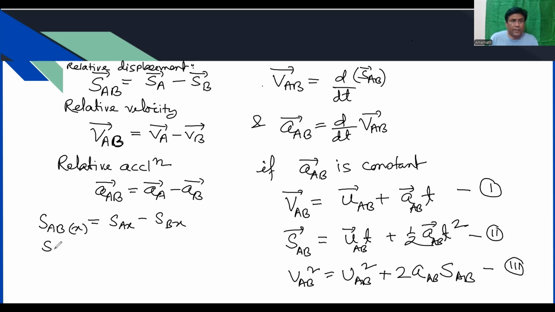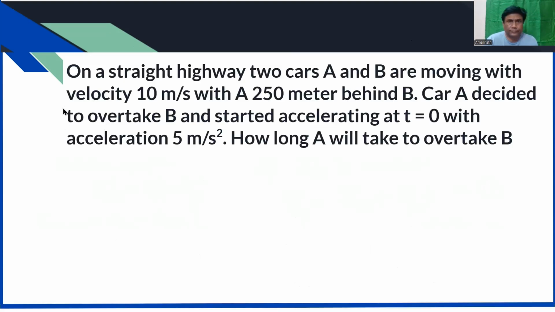Similarly, displacement of A with respect to B along y is displacement of A along y minus displacement of B along y. These are vectors, we can treat them like this. Even in these equations, if I write along x, everything will be along x, and if I write along y, everything will be along y, because these are vector quantities. So if you complete writing, just let me know. I am going to practice some numericals.